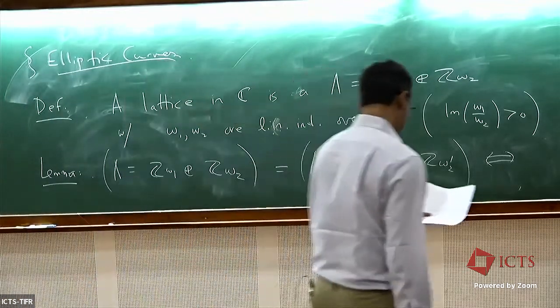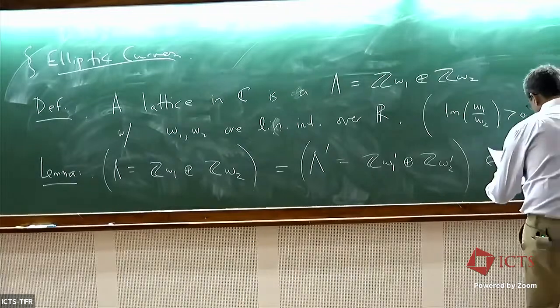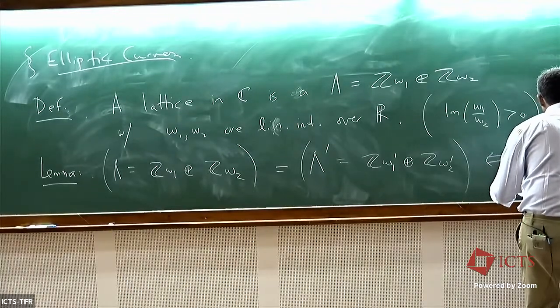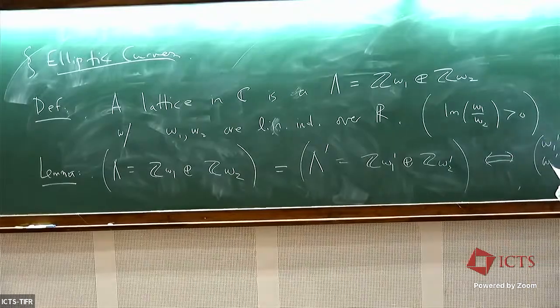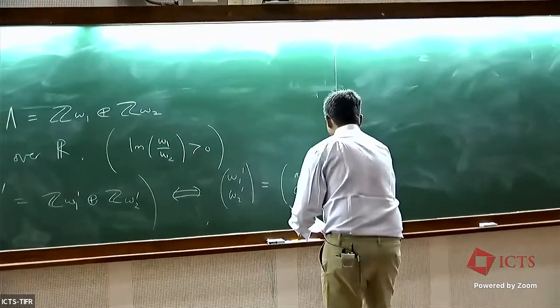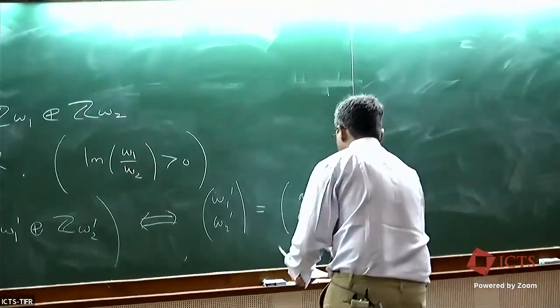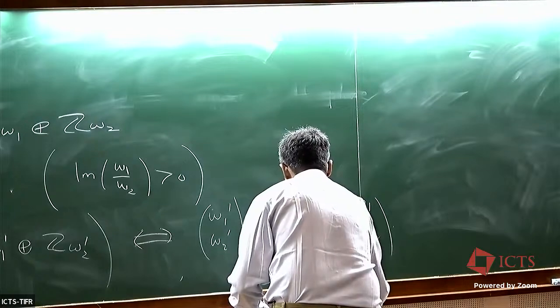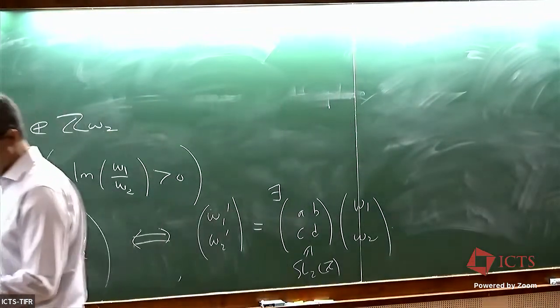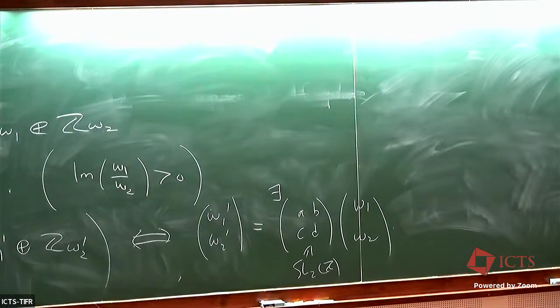So this is almost self-evident, but check it carefully if you don't believe it. There exists some a, b, c, d in SL2Z which takes one basis to the other basis.